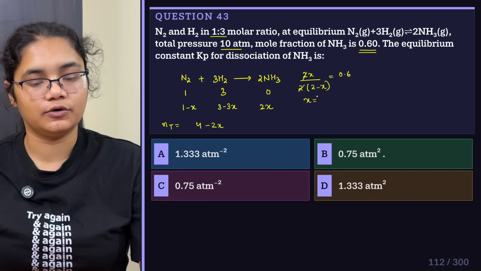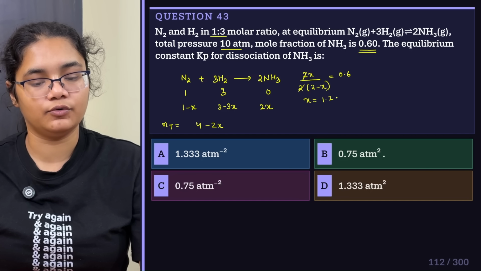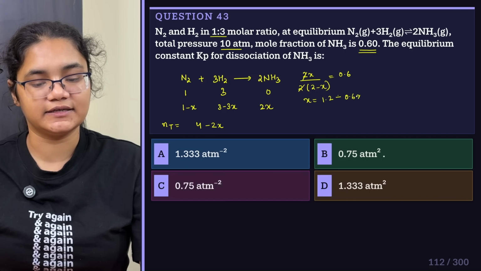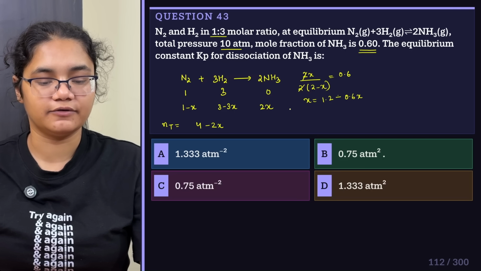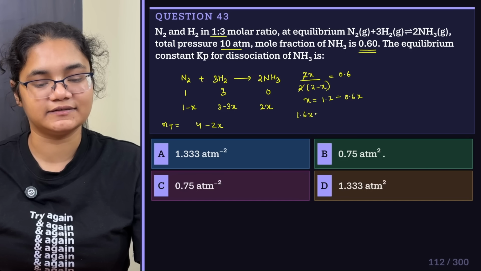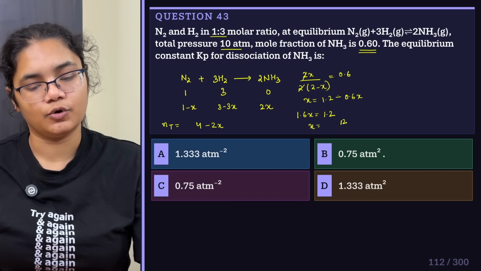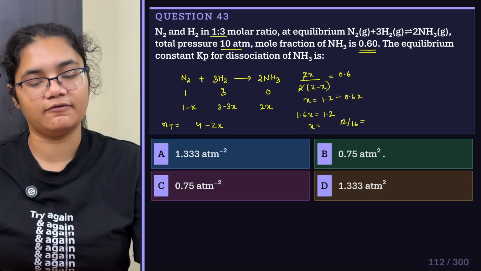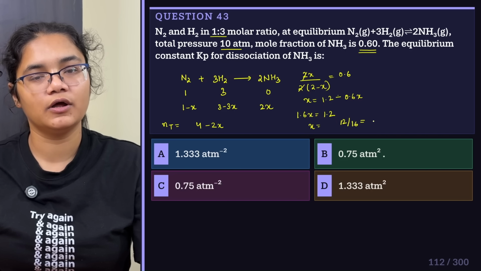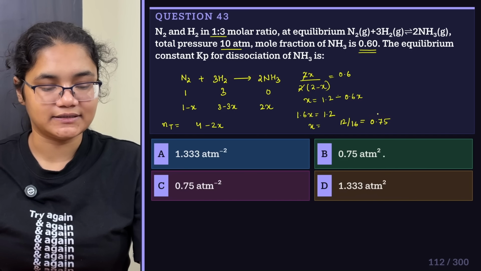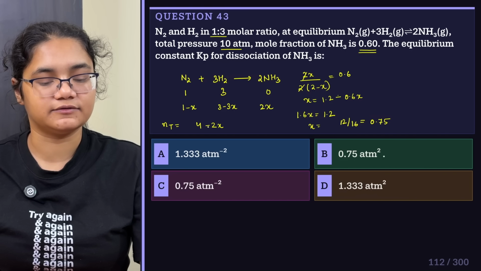Now x is equal to, I can multiply here 1.2 minus 0.6x. So this side goes, if it comes this side, you will have 1.6x is equal to 1.2. So x is equal to 12 by 16, or 4 3s are 12, 3 by 4, or that is 0.75. Okay, now if this is 0.75, then we can calculate all these values first.